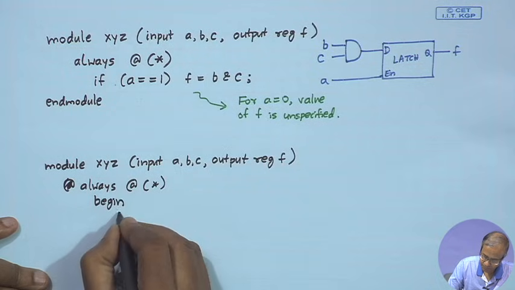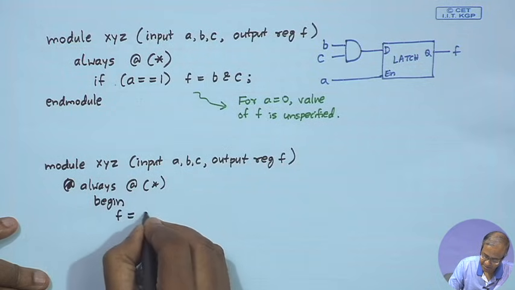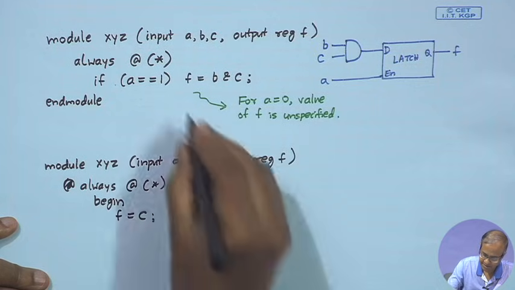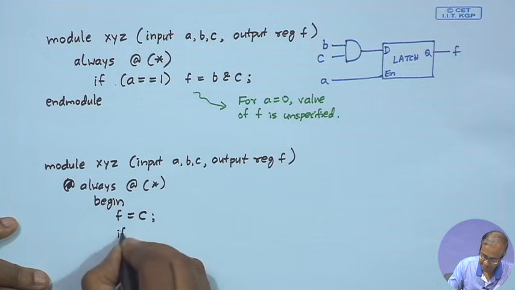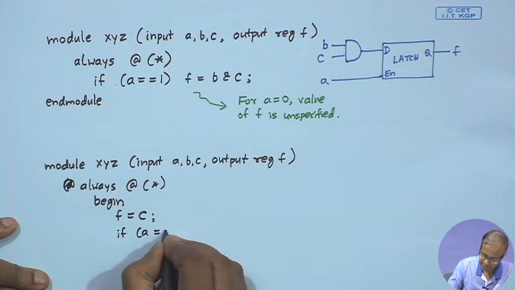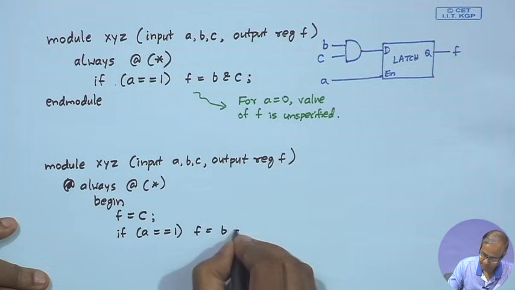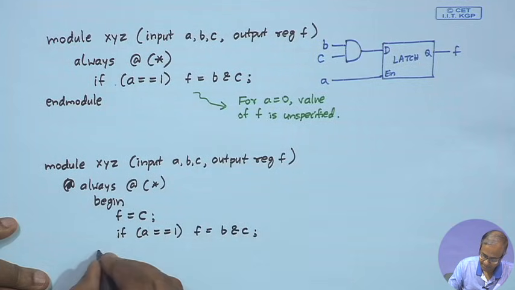So, what do I do? I add a statement, let us say f equal to c. Suppose my description is like this: f equal to c and then, if a equal to 1, f equal to b and c, end, and end module.